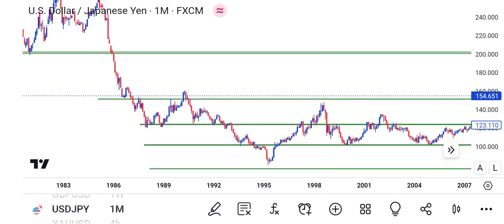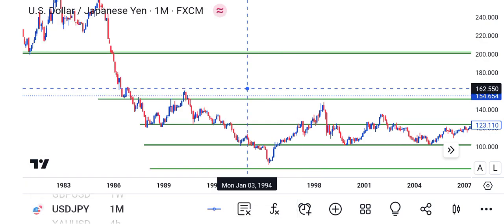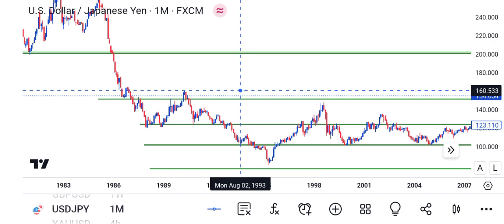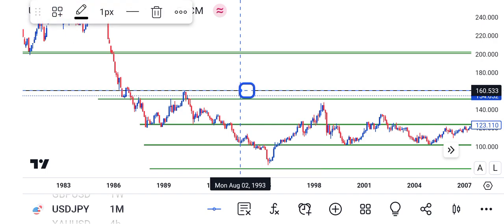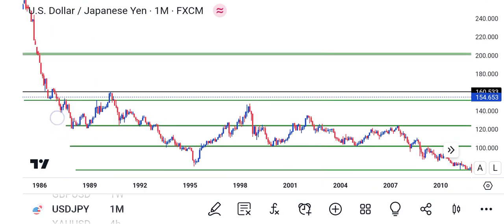But Usdjpy can respect this line right here, this zone right here, it can decide to respect it. So we have to be careful.